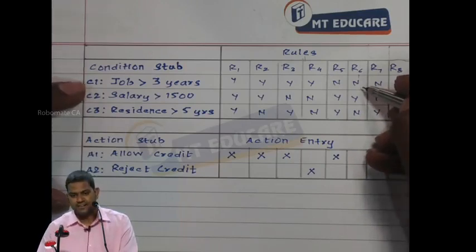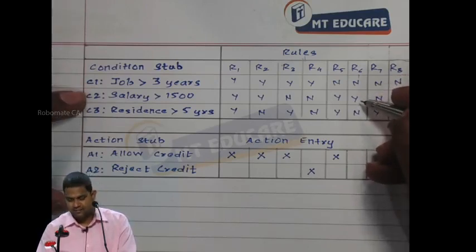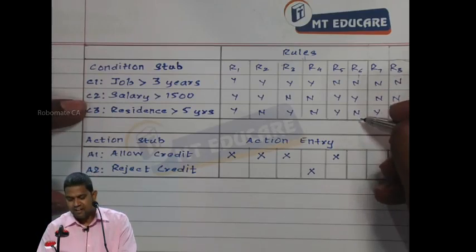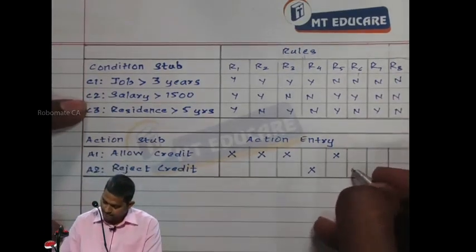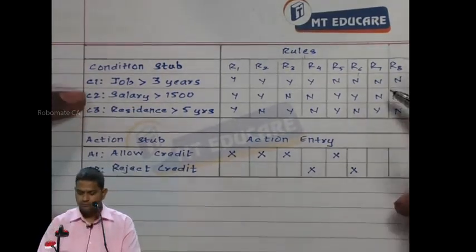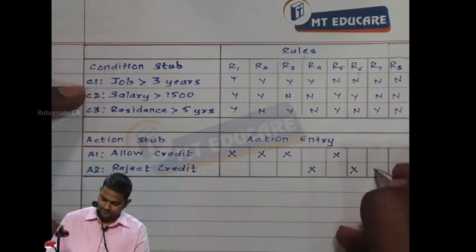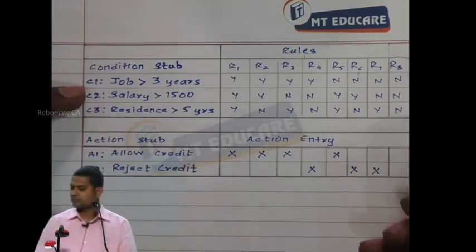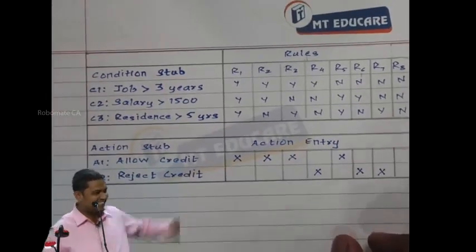Is job greater than 3 years? No. Is salary greater than 1,500? Yes. Is residence greater than 5 years? Only one condition, so it should be rejected. Then the seventh: 2 no's, 1 yes. And the eighth: all 3 no. Kick that person out.